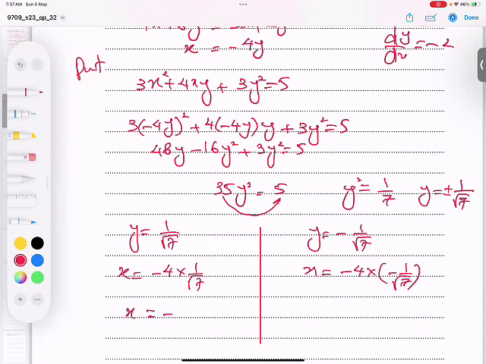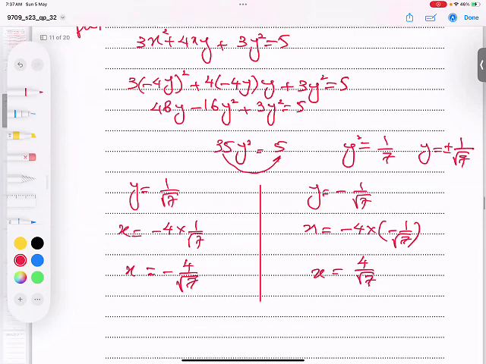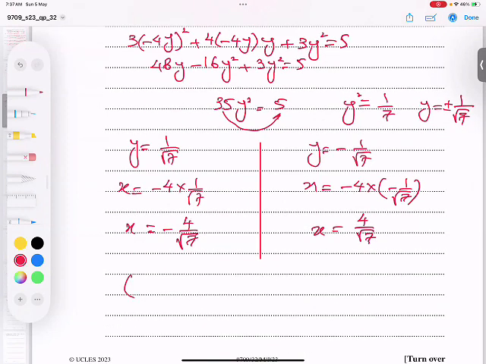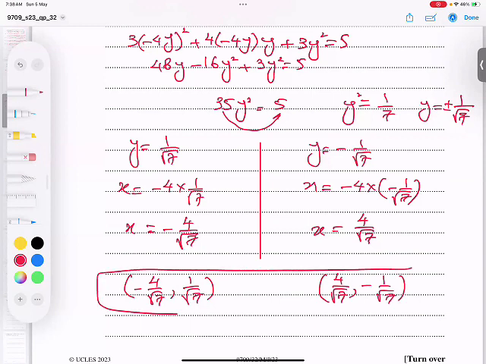This turns out to be negative 4 over root 7. This minus cancels. Alhamdulillah Rabbil Alameen. So this point turns out to be negative 4 over root 7, and y is this one. Whereas here x is positive but y is negative. I believe you got the point very clearly.